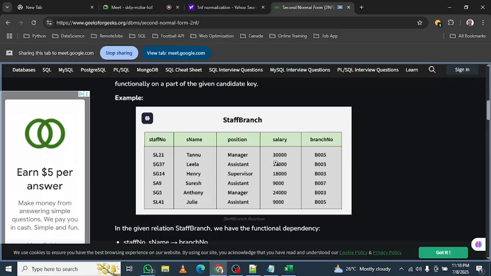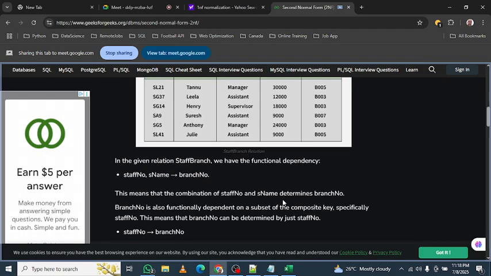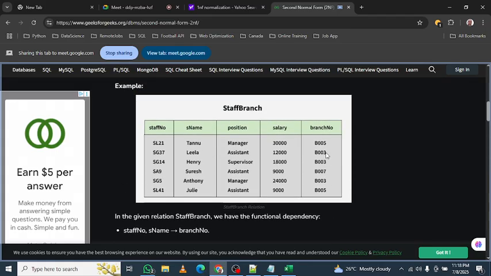We call it staff branches. Okay, we do our own now, similar to this. So in the second normal form, it begins to link up the tables together. Do you get that? Now let's do our own, similar to this, by linking up the tables together.